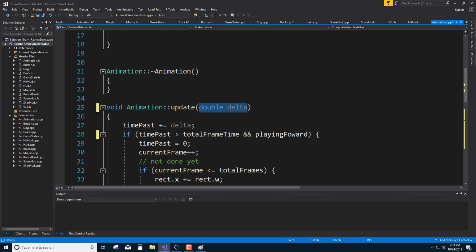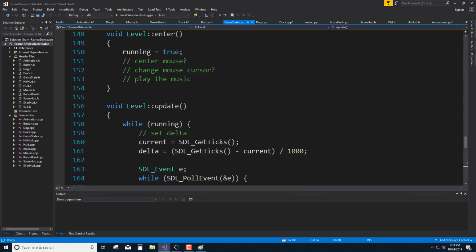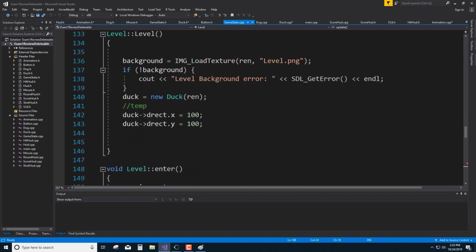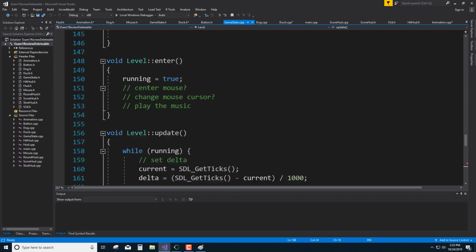So I tried to debug it, and it says that the duck update function in the gamestate.cpp won't work. You didn't put delta in the duck update in the game state. Yeah. Did we even make a duck yet? Oh, okay, now it will work. We have a duck on the screen. You have to add delta to game state CPP too.